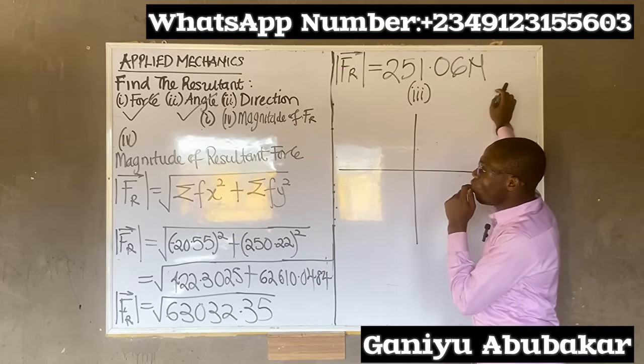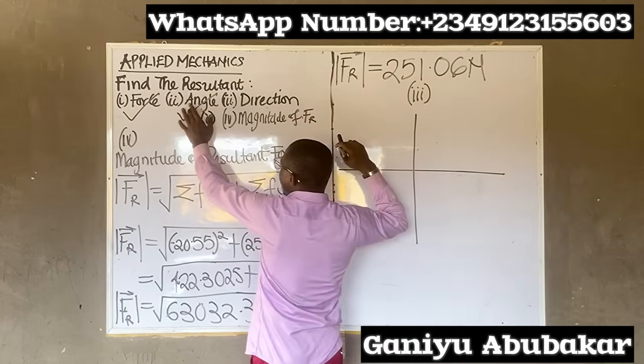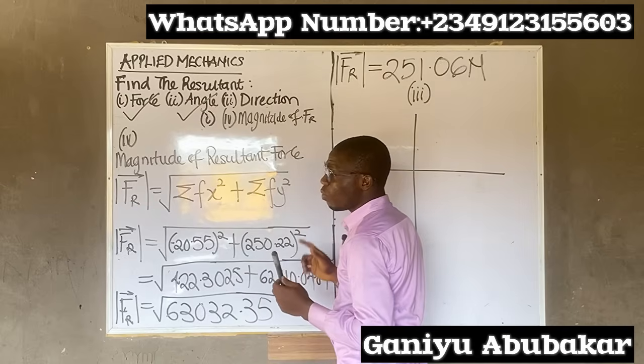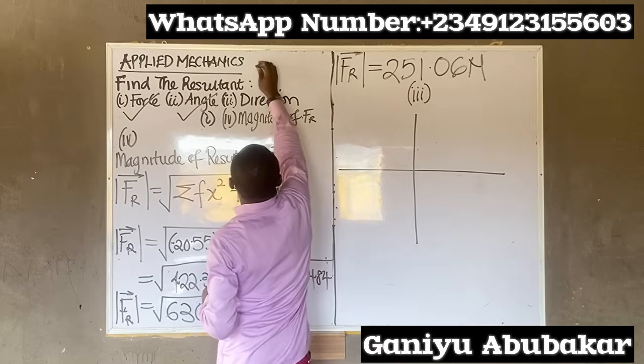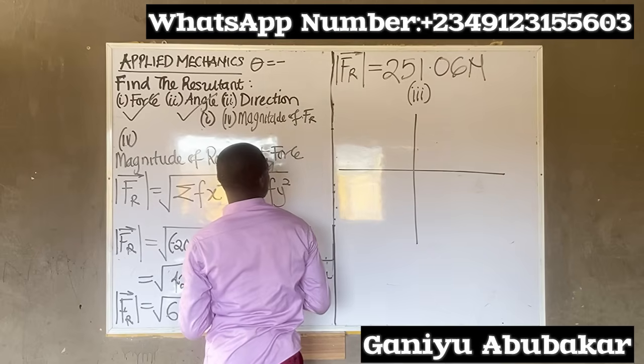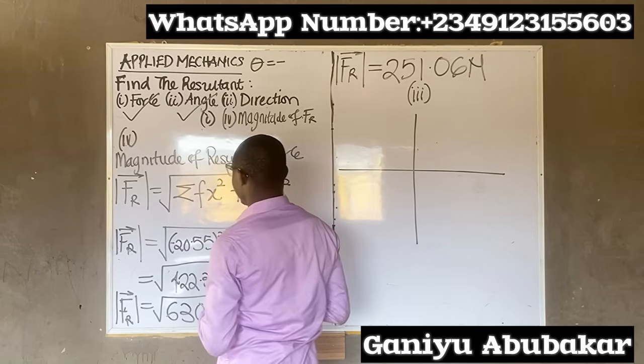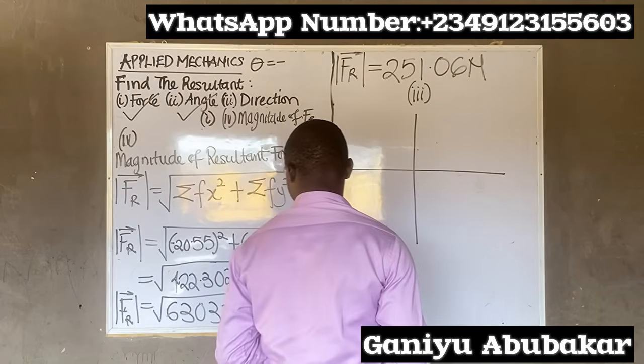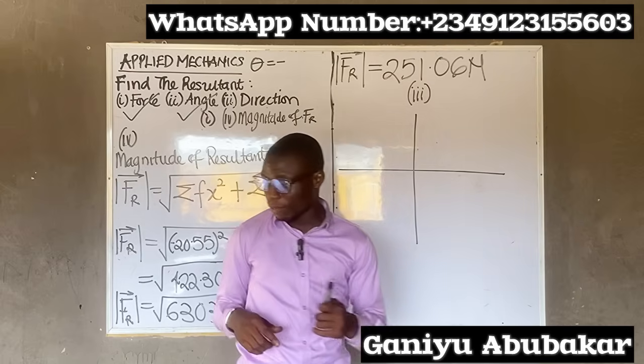When we got the angle, what value was it? If I check very well, when we got theta, theta was negative. Negative something, am I correct? Yes, theta was negative. Let me check mine.